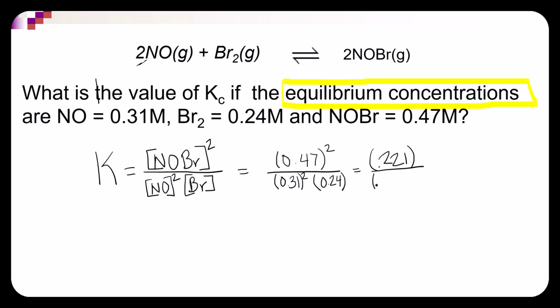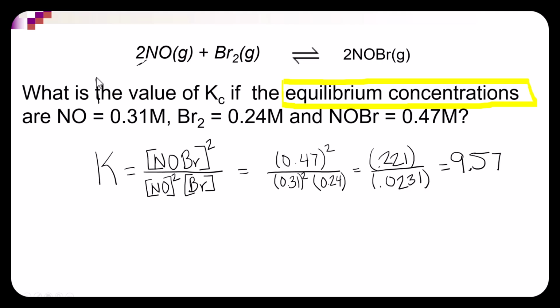At the bottom we've got 0.0231. So divide those two numbers, 0.221 divided by 0.0231. And we get 9.57.